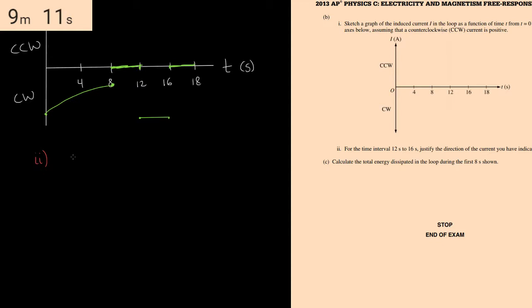Right, so we have the magnetic field is pointing into the page. I would recommend using more grammar if you were doing this on the actual AP. The magnetic field is into the page and decreasing. This is just the same as an upward change.